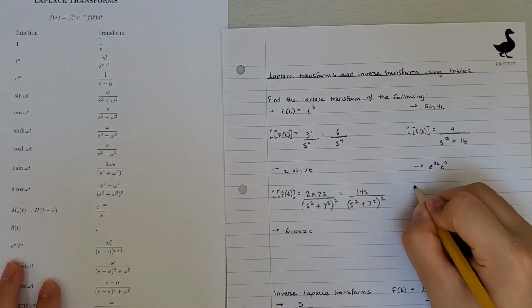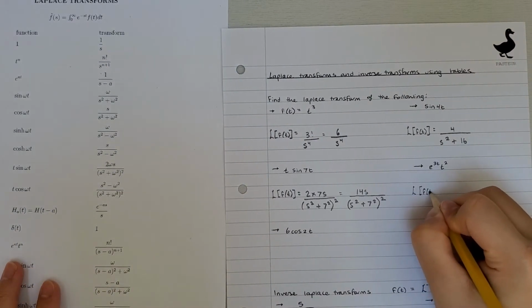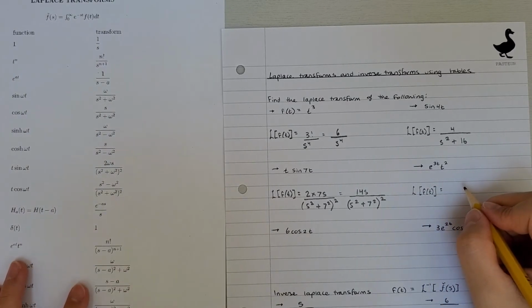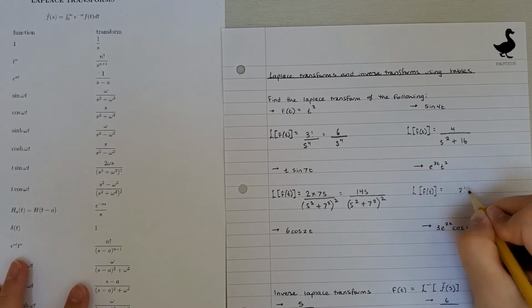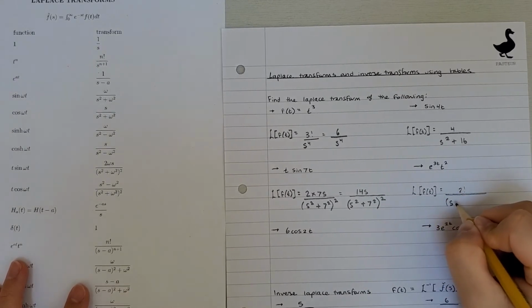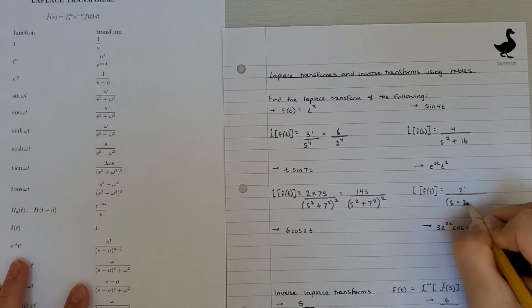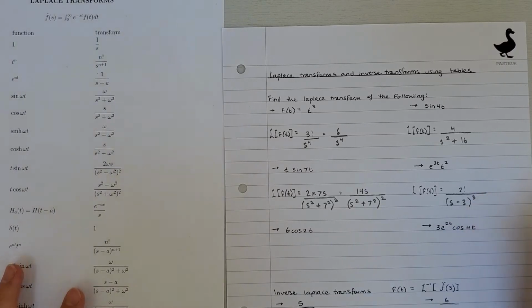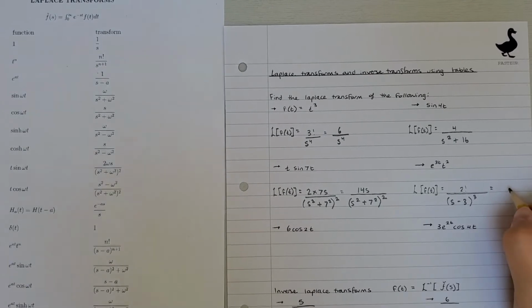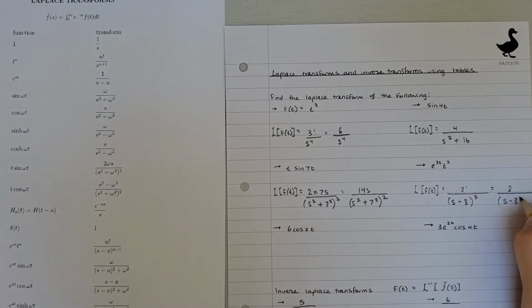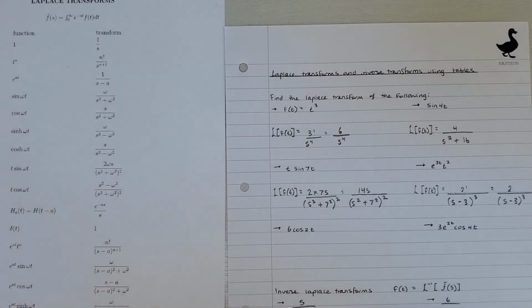So the Laplace transform is n factorial, so 2 factorial, all divided by s minus 3 close bracket to the power of n plus 1, so 3. 2 factorial is 2, so we just rewrite s minus 3 to the power of 3.